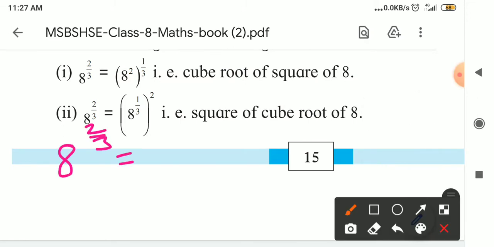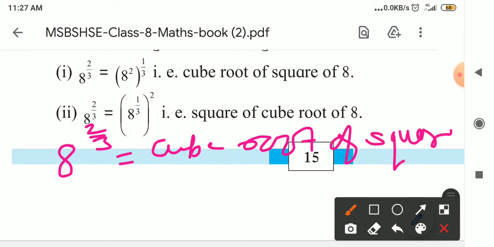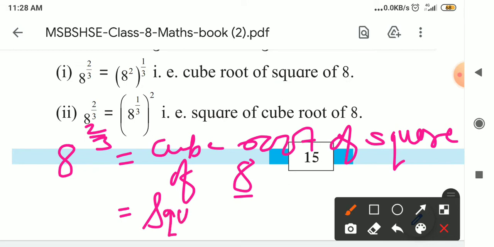One way I taught you: first take the denominator. So cube root of square of 8. That is one method. Another method is that we take the square first, means take the numerator first. Square of 8 is not what we are speaking about; we are speaking about the power only. 8 is the base. We are not speaking about the base. The base we have to write at last in both readings. So here, square of, direct, it is square.